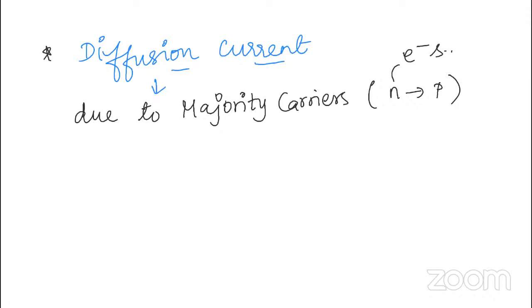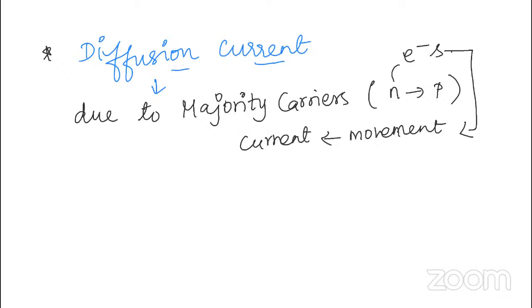So the electron movements will induce the current. The majority carriers move from N to P. Okay, right. Next, after diffusion current.